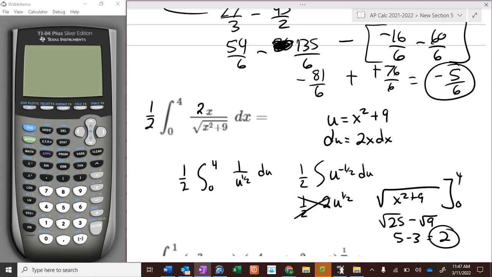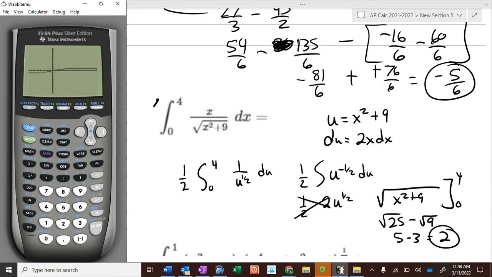Did you graph it? Yeah, it came out even. Someone do it? Yeah, Liv did it. Let's see how. Y equals, clear, x divided by parentheses, the square root of x squared plus 9, parentheses, graph it, and you come up with something that looks like that.